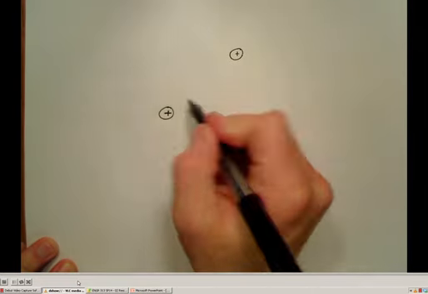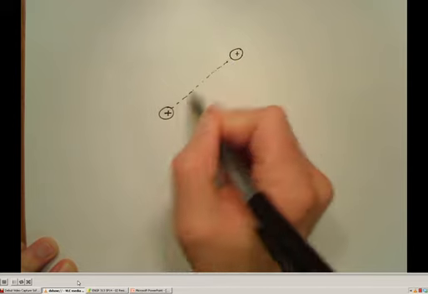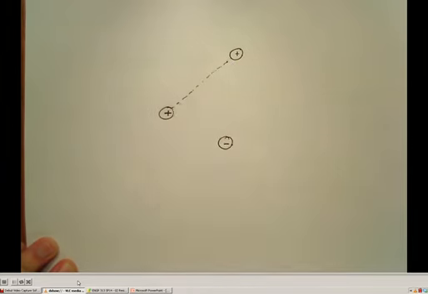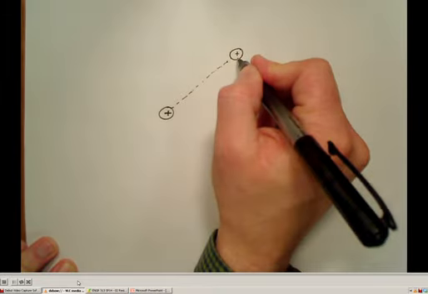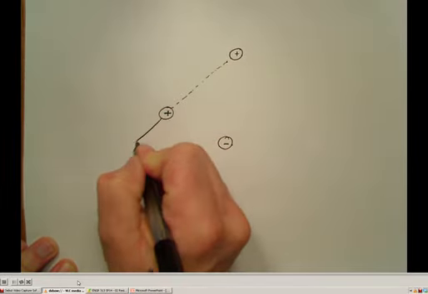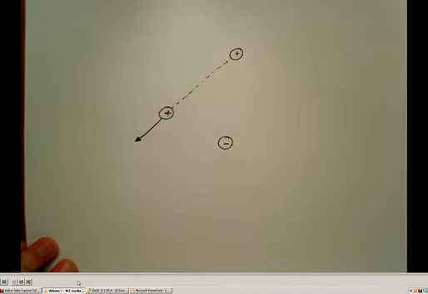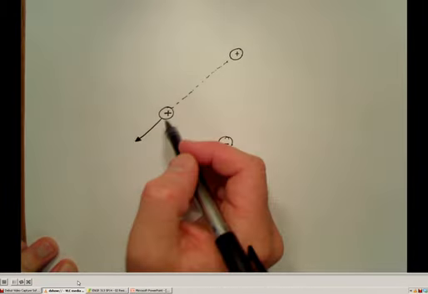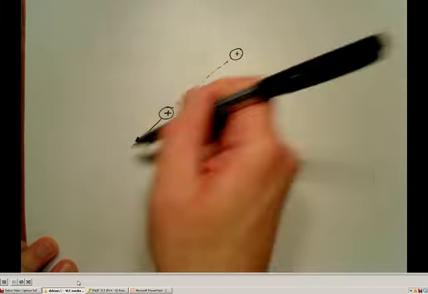First we calculate the force that results from the interaction between these two charged particles. Since they are both of the same sign, this object right here is going to experience a repulsion force in this direction.